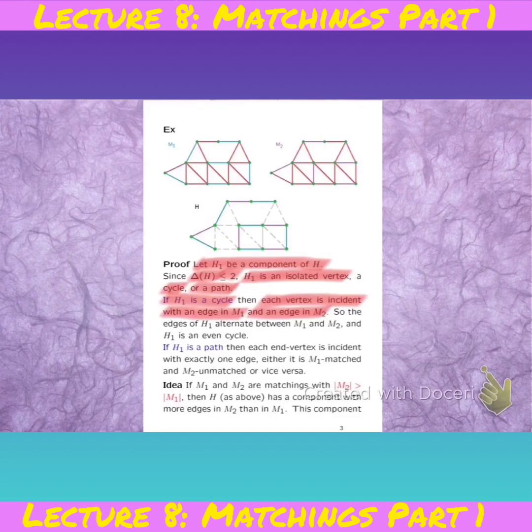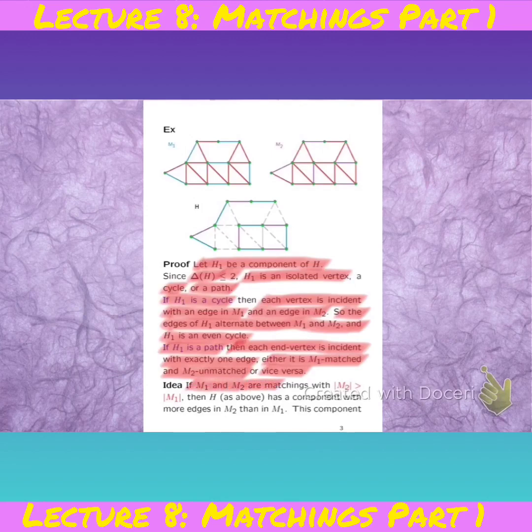So you must have that alternation. So the edges of H1 must alternate between M1 and M2, and so H1 must be an even cycle. What happens if H1 is a path? If H1 is a path, then each end vertex is incident with exactly one edge. Either it is M1 matched and M2 unmatched, or vice versa. Okay, so that is pretty straightforward.